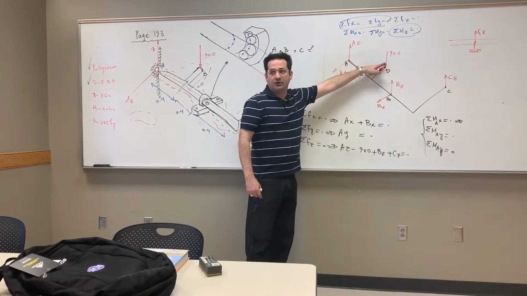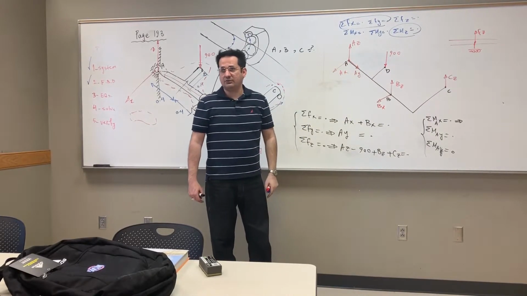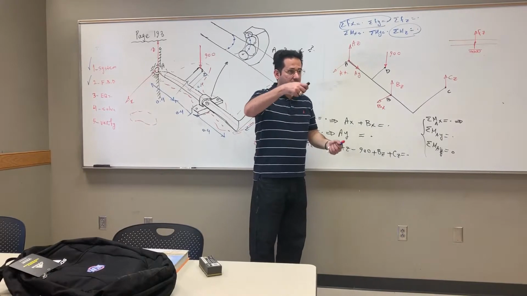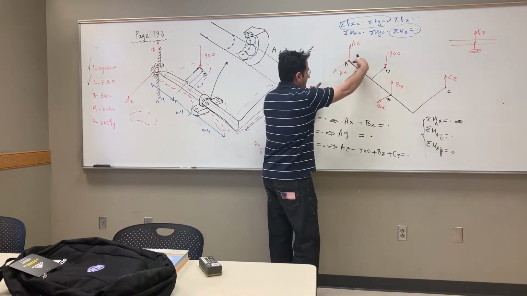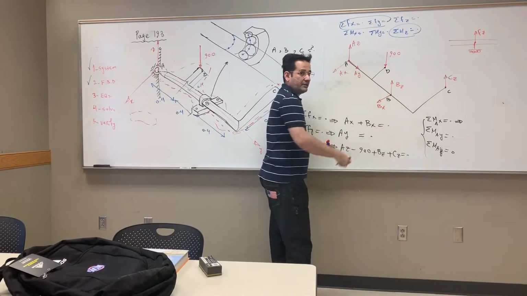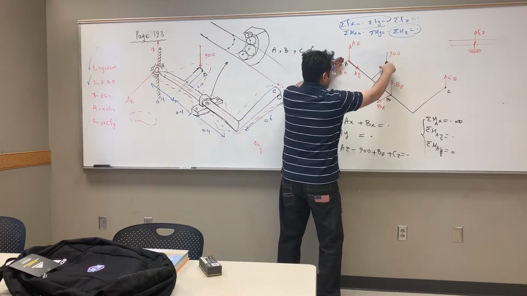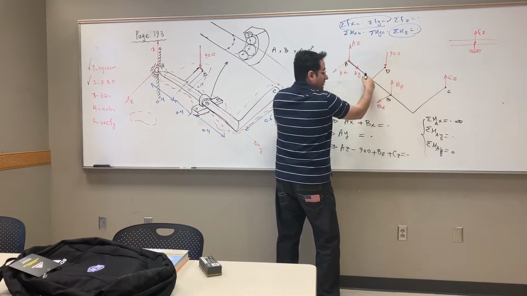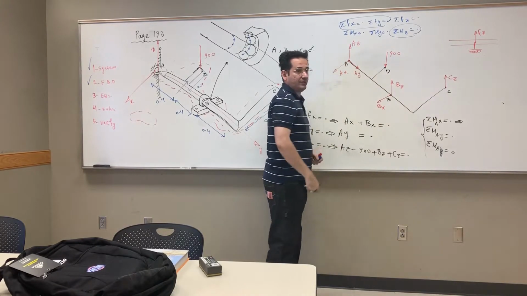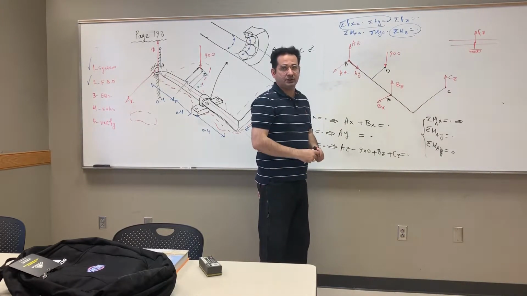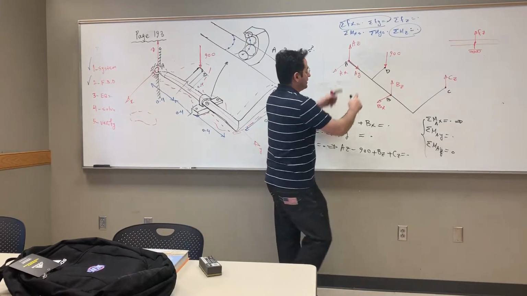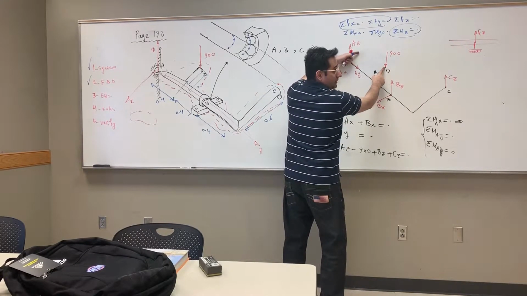Now, 900. Then you ask the question, can it generate a rotation about the x-axis? The answer is yes. See, it's 900. It can generate a rotation about the x-axis. How much is it? 900 times 0.4. This is the moment arm, right?